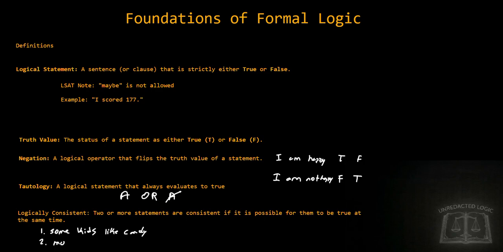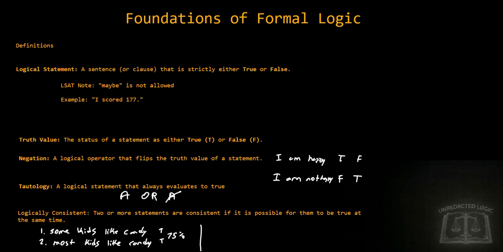And most kids like candy. Okay. Hypothetically, if 75% of kids like candy, both of these statements would evaluate to true. Since they can both be true at the same time, they're logically consistent. They do not contradict one another.